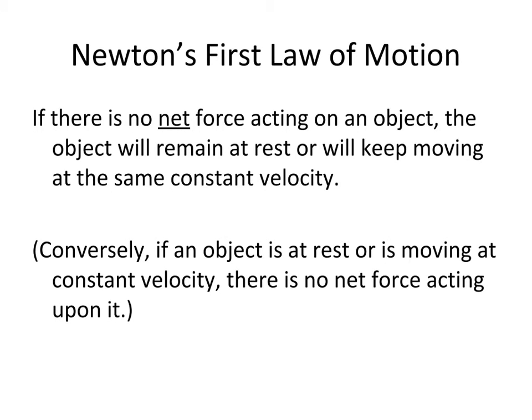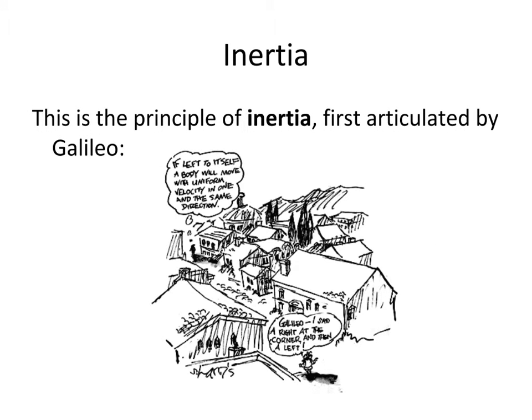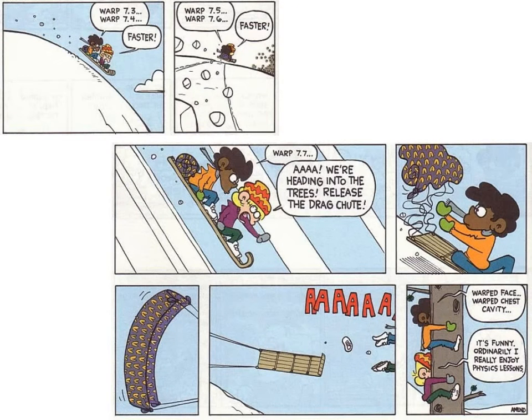Conversely, if an object's at rest or is moving at constant velocity, there must be no net force acting upon it, or the sum of all the forces acting upon the object must be 0. This is called inertia. And it was Galileo that first gave us the idea of inertia. Sometimes inertia helps us, and sometimes not so much.